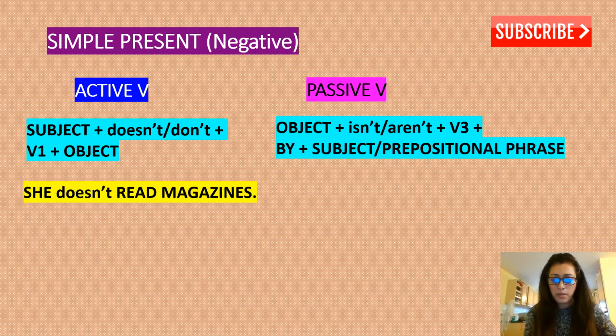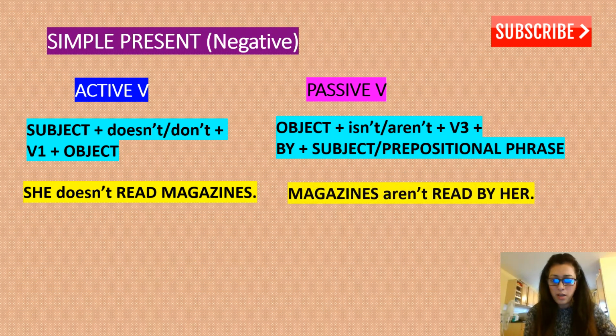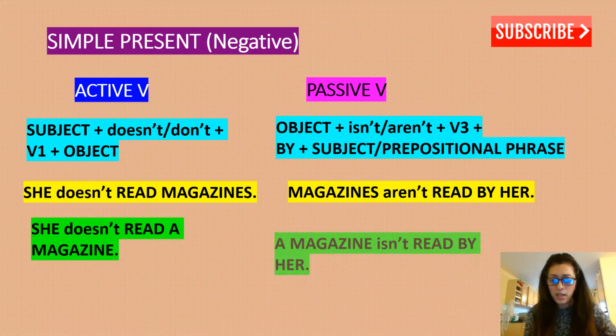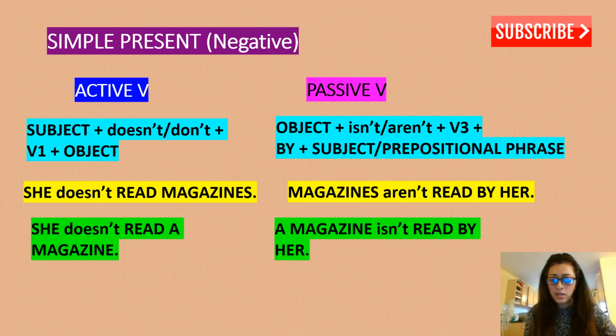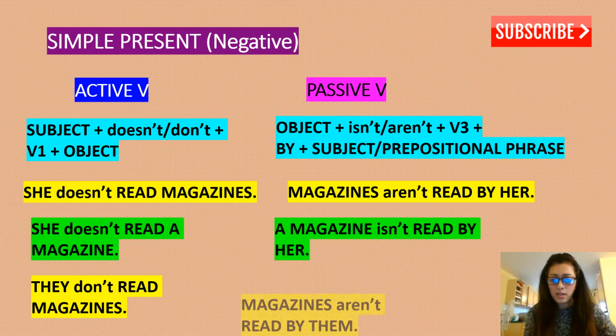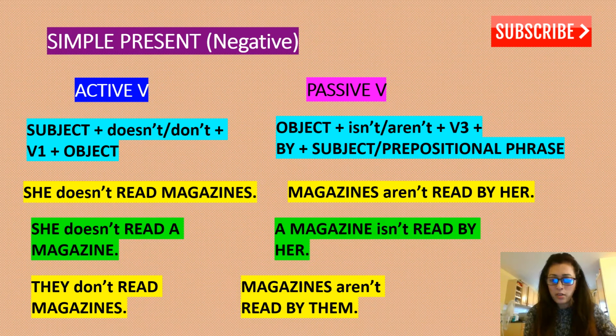The examples will be: she doesn't read magazines. Magazines aren't read by her. She doesn't read a magazine. A magazine isn't read by her. They don't read magazines. Magazines aren't read by them.